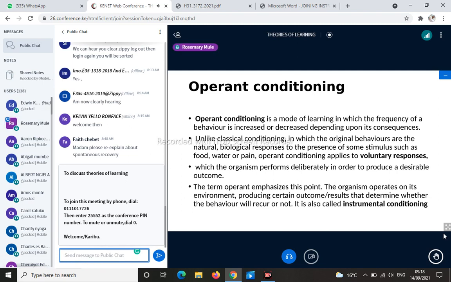Once we go through operant conditioning, we should be able to differentiate classical conditioning, which involves stimulus response, from operant conditioning. In other words, what are the differences in the emphasis of the psychologists who came up with such conditioning theories, where did they lay their emphasis?